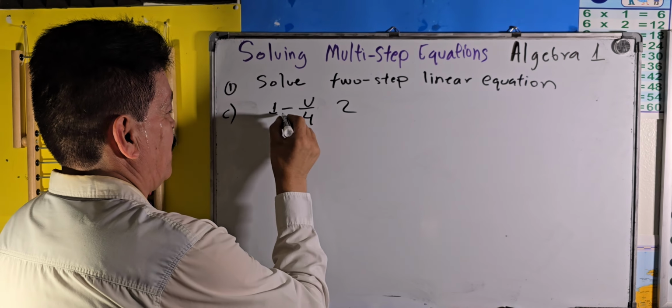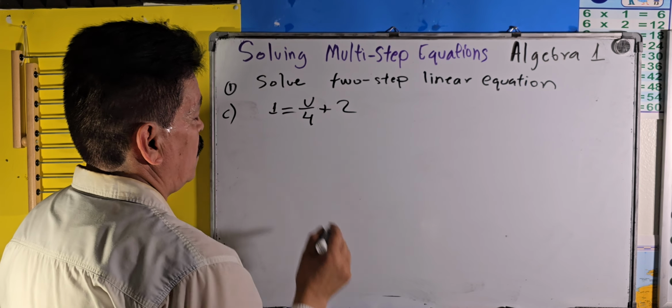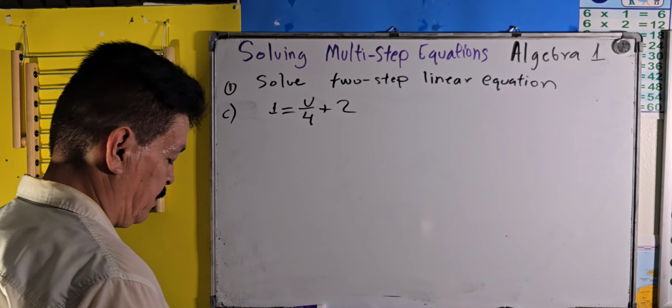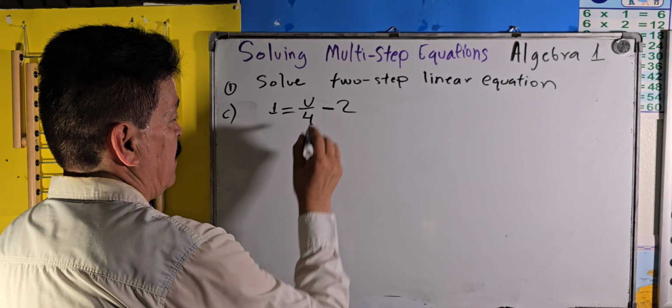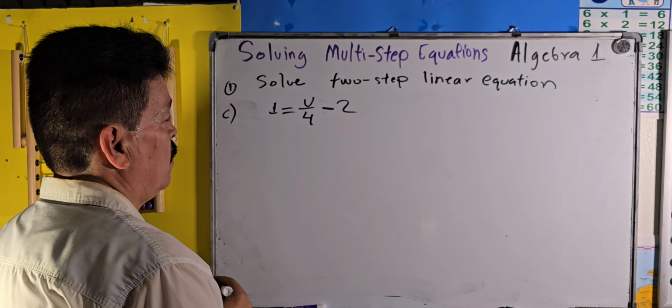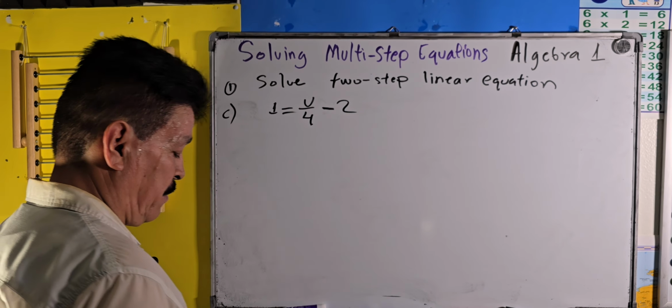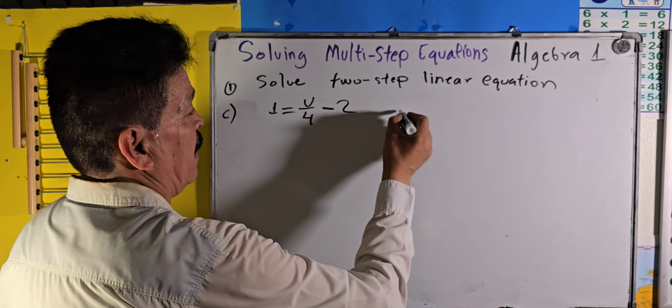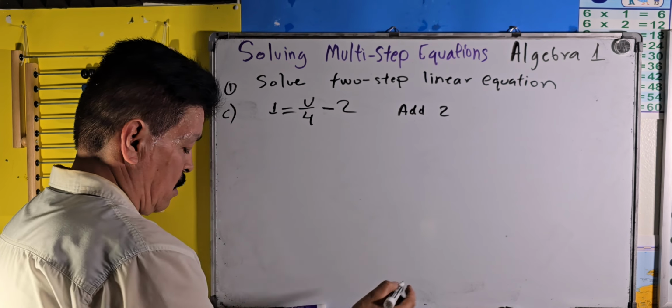Let's change the problem. I think it's easy. 1 equals this negative u divided by 4, minus 2. All right, so here, first step, we have to add 2 to both sides.